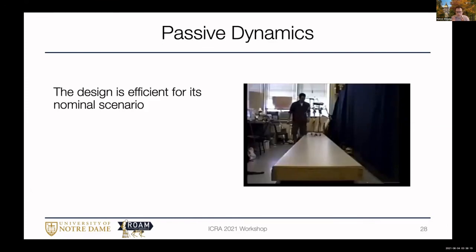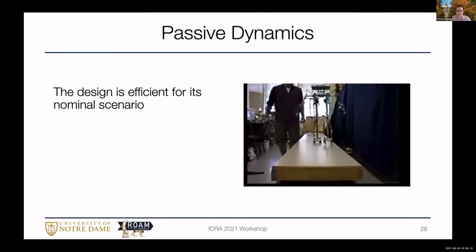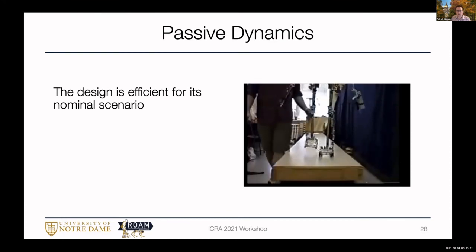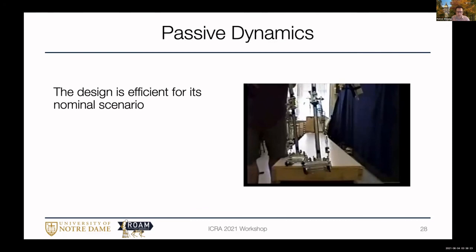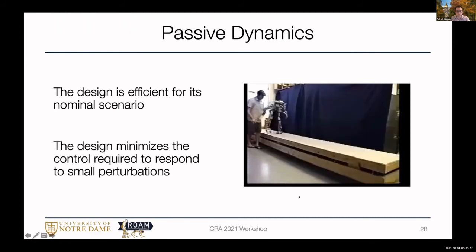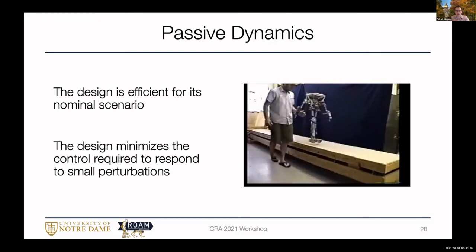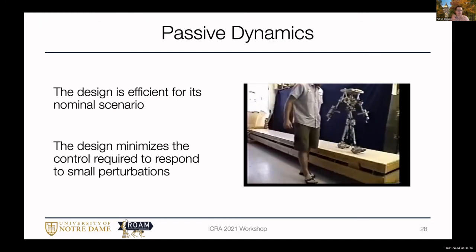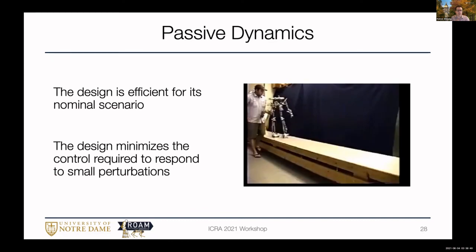So in this nominal scenario that it's designed for, this robot is highly efficient. The other thing with these passive dynamics, in addition to it being efficient, is that there's also a closed loop control aspect to some of these designs, in the sense that if you get the design right, then if there are small imperfections in the floor as it's walking, the system is passively stabilized by its design.